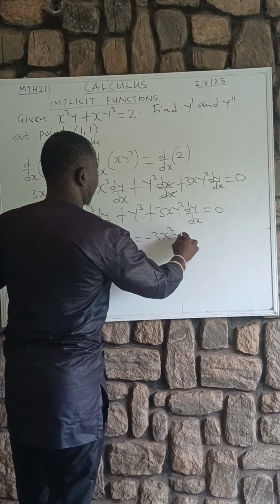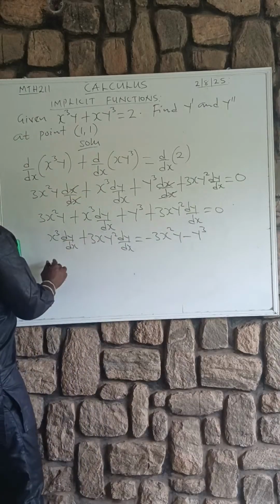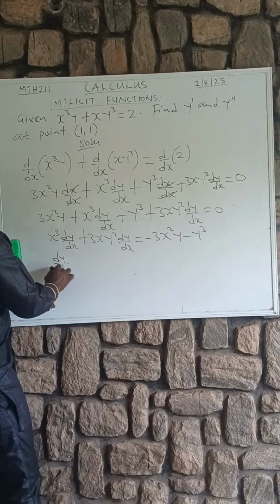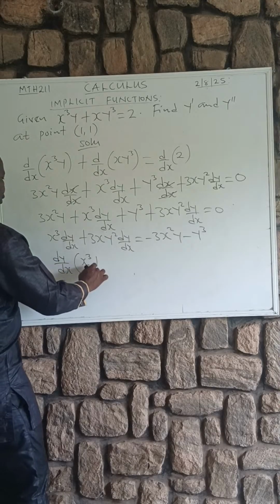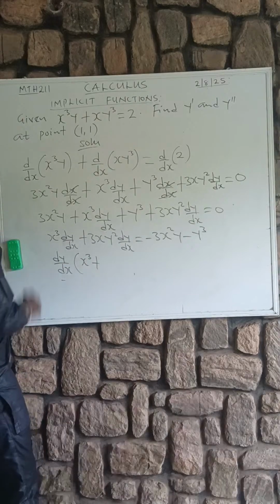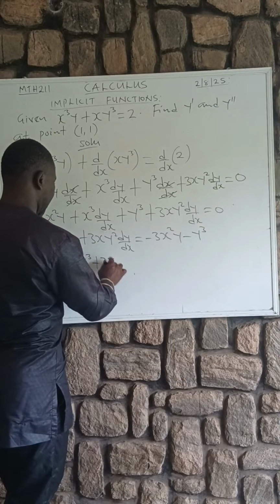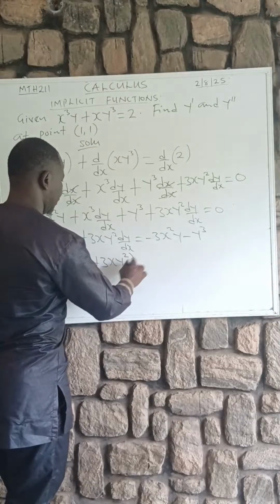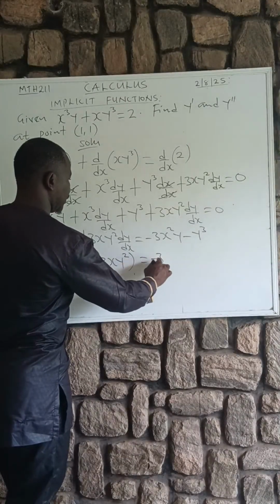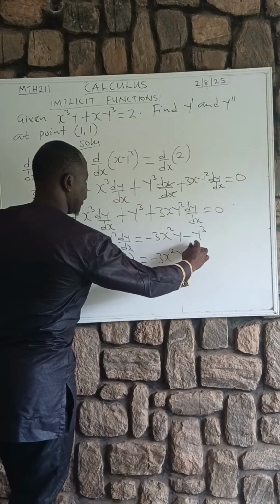This one cancel, the sign of minus y cube. Then what is common? Dy. You factor it out all over dx, x cube plus 3x y squared. Close the bracket, equals to minus 3x squared y minus y cube.